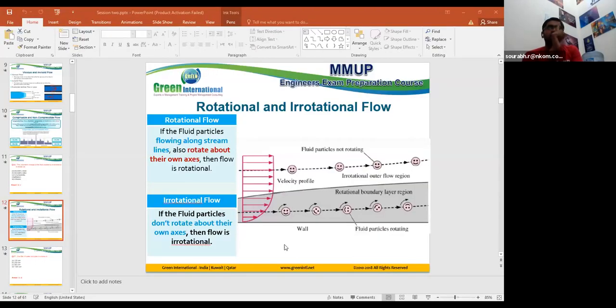And if the direction of the particle's rotation is opposite to the direction of the flow, that will be irrotational flow. Opposite? Yeah, the opposite side.